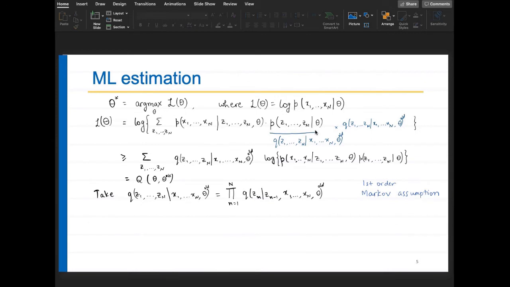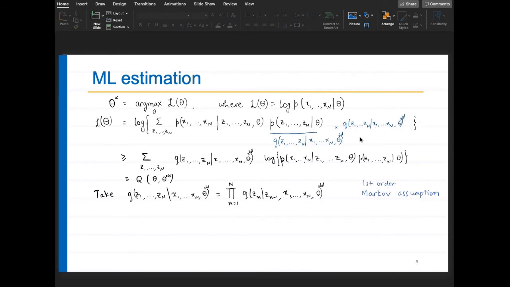So we use an approximation coming from Jensen's inequality. Jensen's inequality is applicable here because log is a concave function, with f double dash x less than 0. Then you can multiply by any probability distribution over z, which we say is p of z given x, theta old.